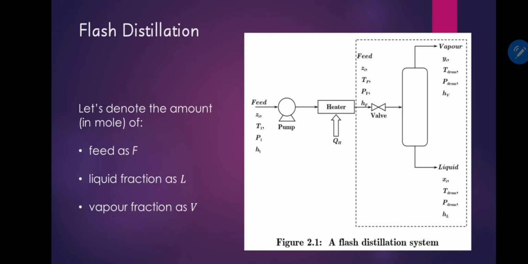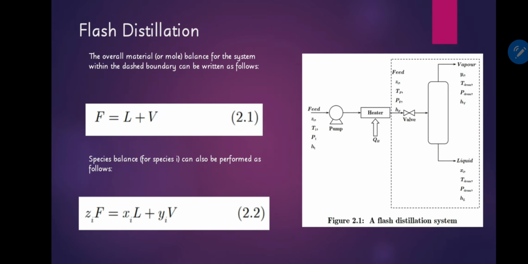Okay, so let's proceed now with the overall material balance or the mole balance of the system. It is in the dashed boundary. This is the dashed boundary, which can be written, as we all know, that the mass or the mole of the feed will be equal to the mass or the mole of the liquid phase plus the vapor phase.